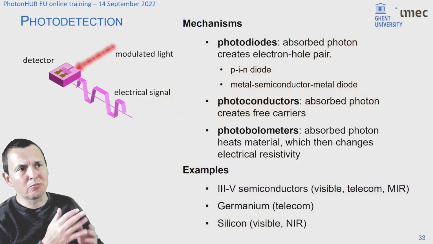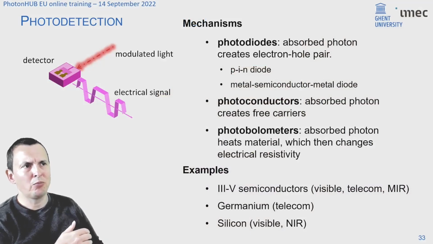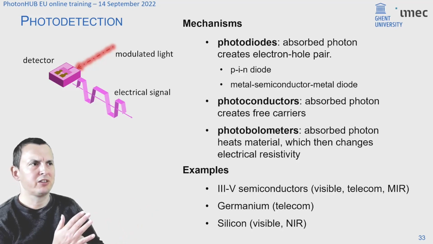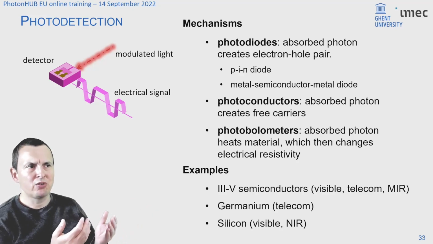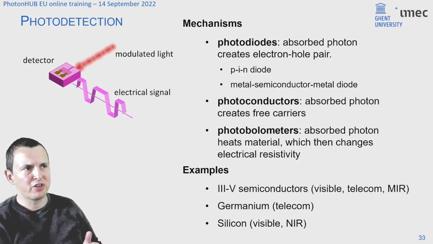The other kind of electro-optic function that you definitely want in a lot of these circuits is photodetection. You want to be able to convert a modulated beam of light, an optical beam with a signal on it, to an electrical signal. The typical way to do it is using photodiodes. That's by far the most efficient way to do it.